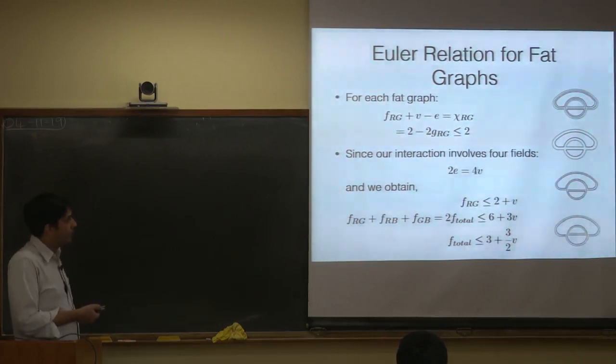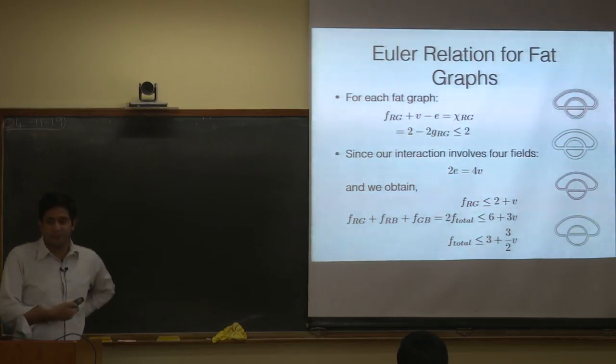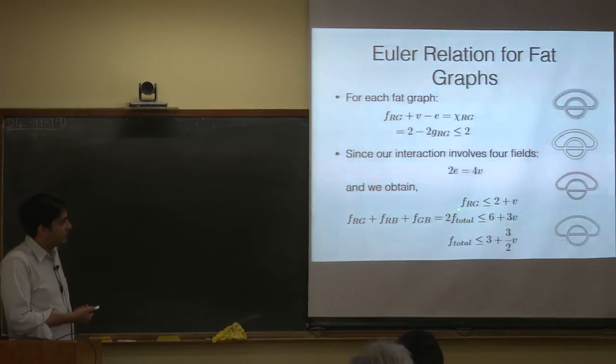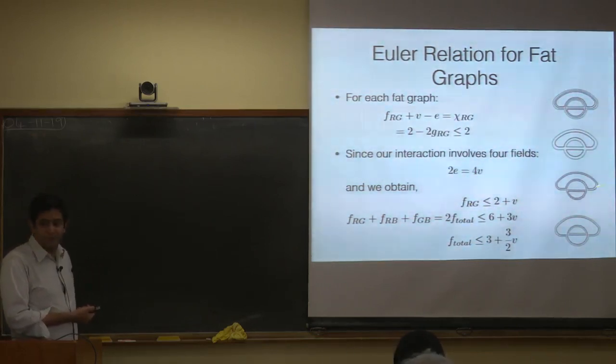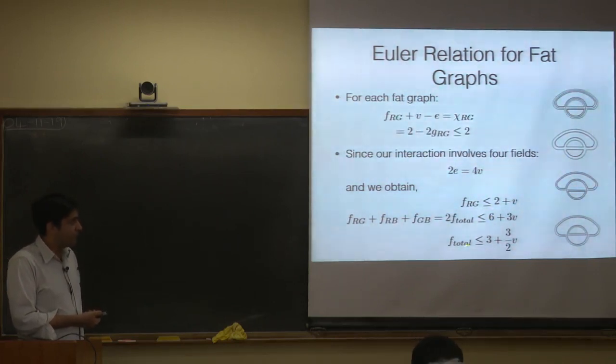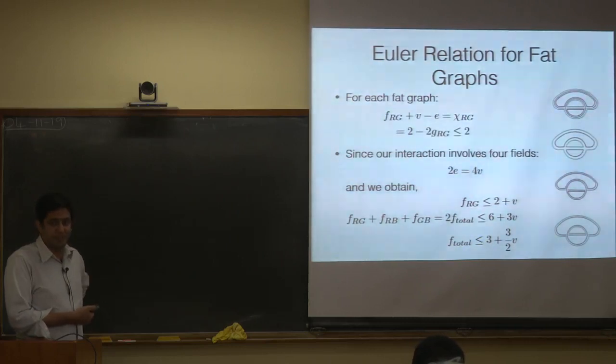Okay, and since your interaction involves 4 fields, twice the edges is 4 times the number of vertices. So you can plug that in here, and we have F_RG is less than or equal to 2 plus V. You have the same relation for the other fat graphs. So if you add them up, we get twice F total is less than or equal to 6 plus 3V, or F total is less than or equal to 3 plus 3 halves V.